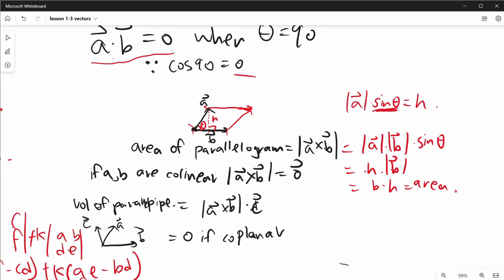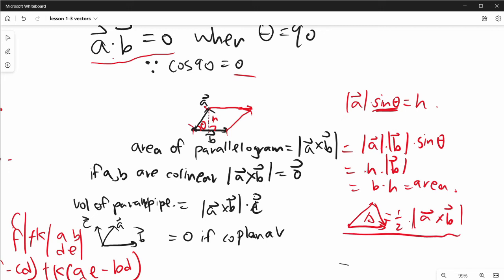This comes in really handy when you have, let's say, a triangle that you're supposed to calculate the area of. That's just half of the area of the parallelogram, which is half of the length of the cross product. That is a very common question.